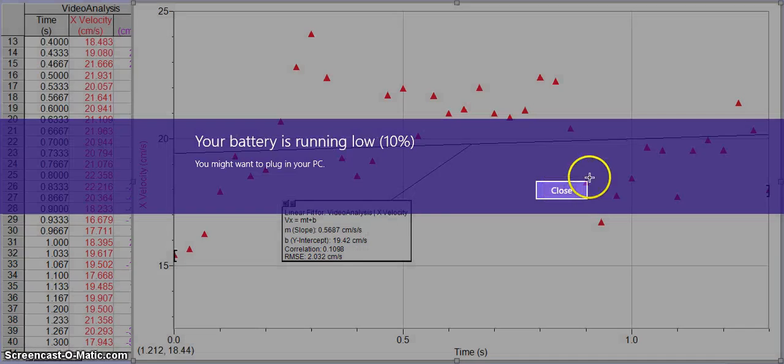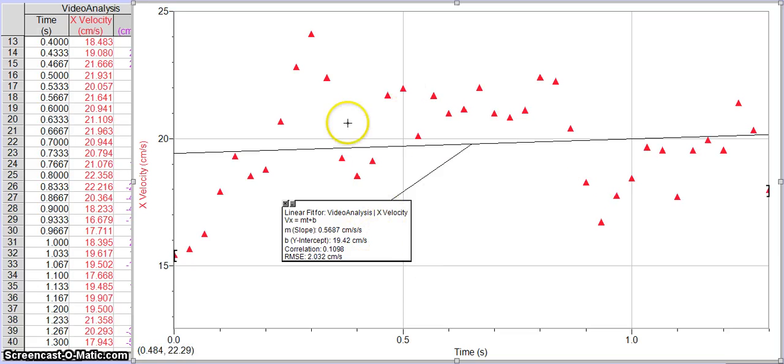And then we can see through the lack of change in our velocity that our acceleration barely changes, because the less the relationship between velocity and time, the smaller the acceleration. If that makes sense. So yeah.